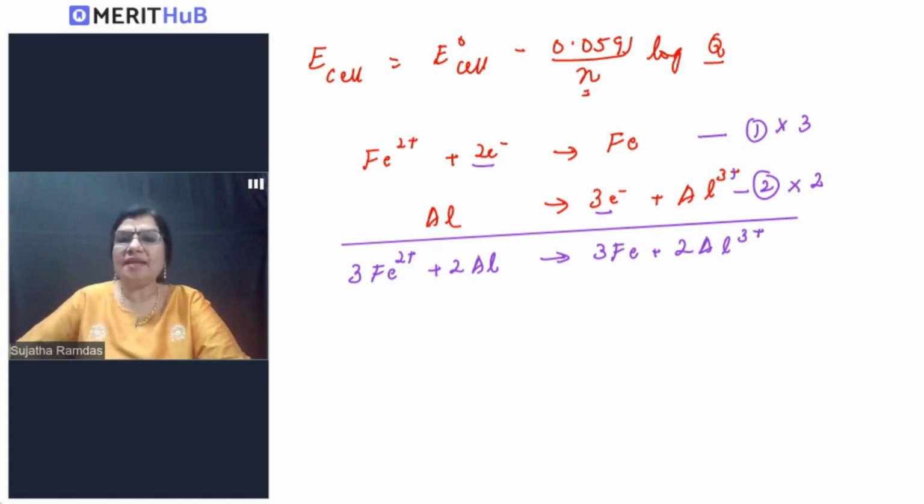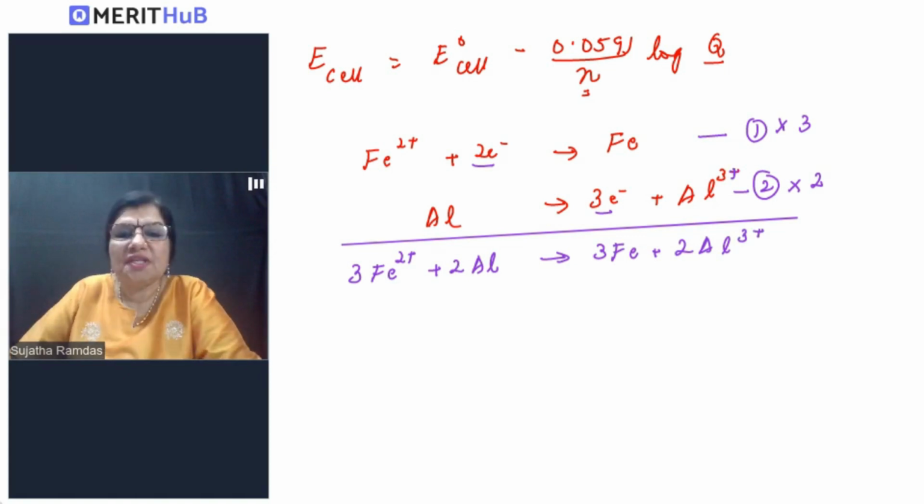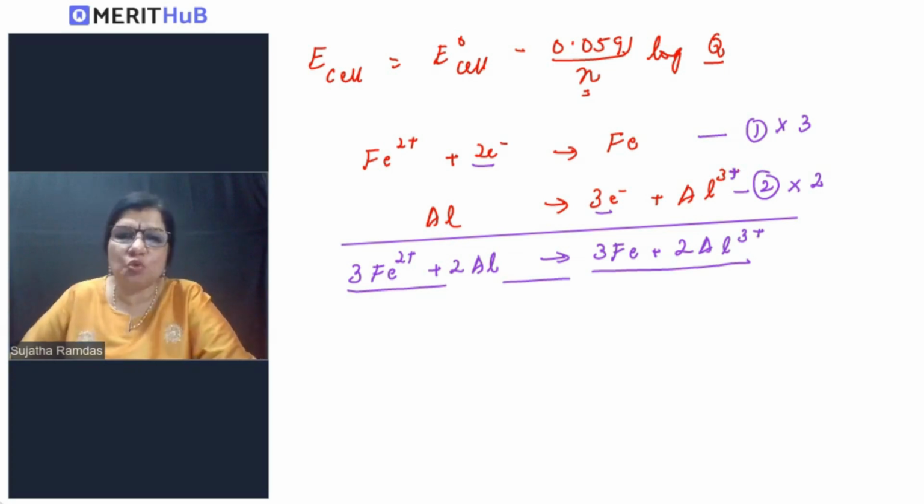So this is the overall redox equation: 3Fe2+ plus 2Al giving you 3Fe plus 2Al3+. You can cross-check the charges. Are the charges balanced? Here you have plus 6 and here also you have plus 6. The charges are balanced, right? Now, yes. So now let's find out.